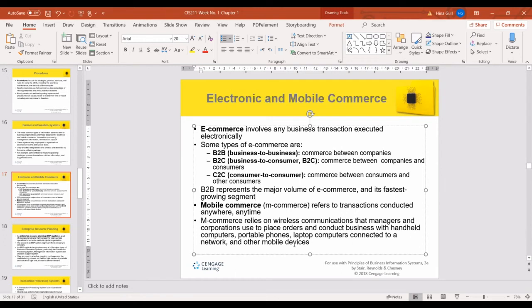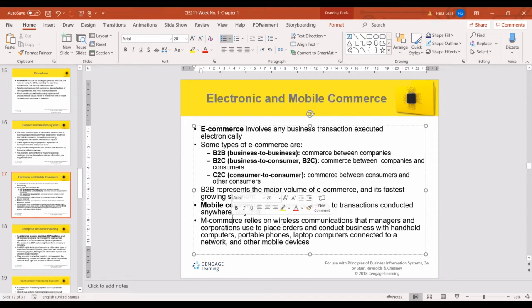So this is B2B. Mobile commerce is also getting very famous nowadays, especially after the pandemic. Its volume is getting bigger and bigger. Mobile commerce refers to transactions conducted anywhere, anytime.